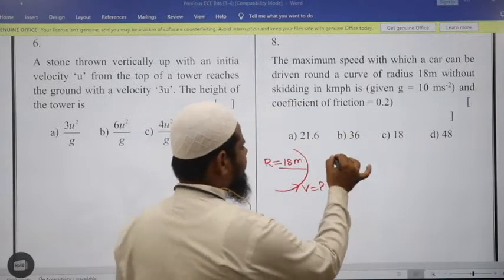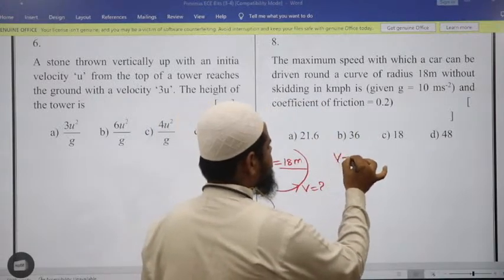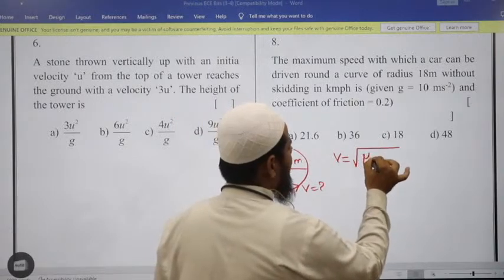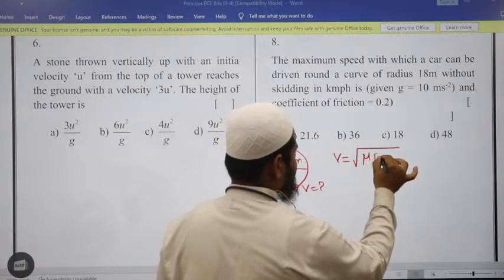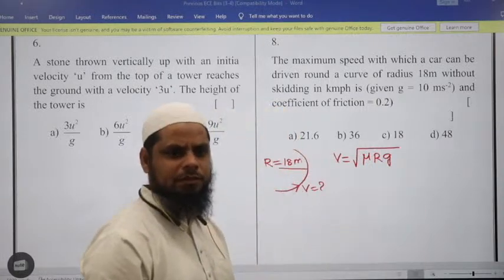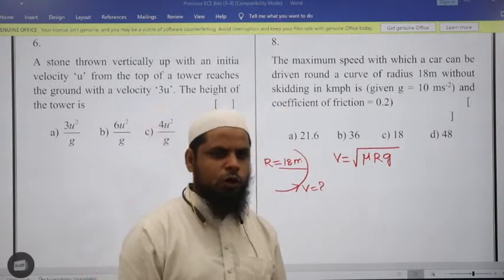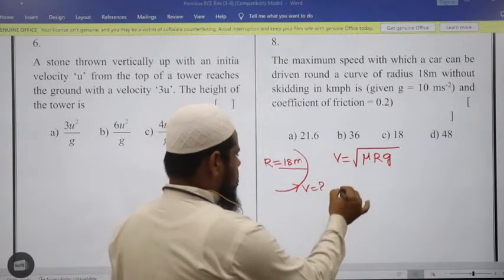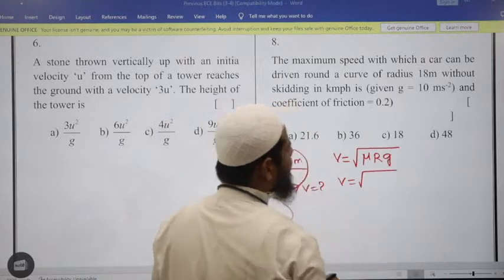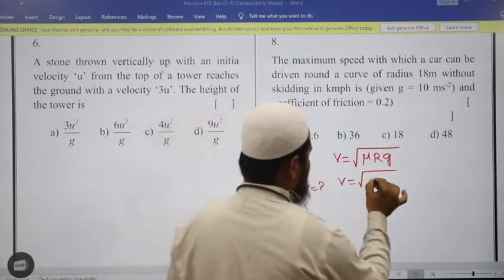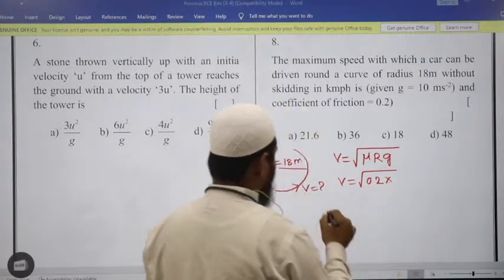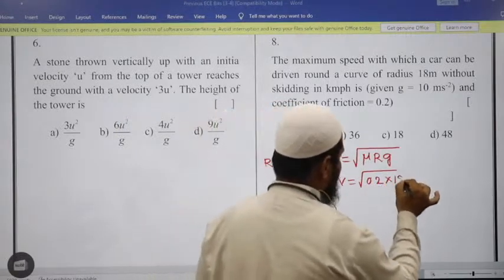So V is equal to root mu Rg. In that case, V is equal to root over, what is mu here? 0.2. What is R he has given? 18.